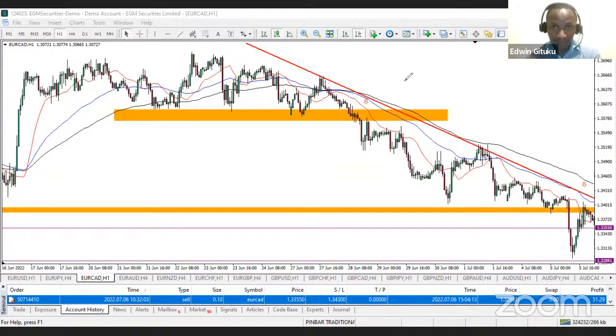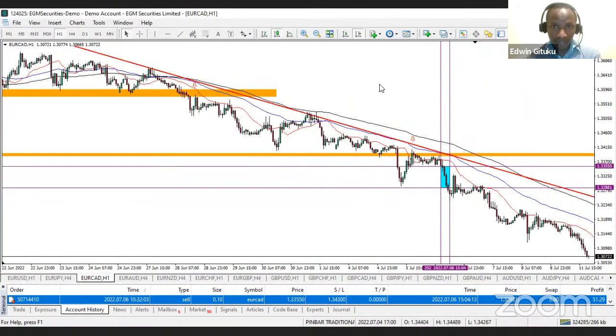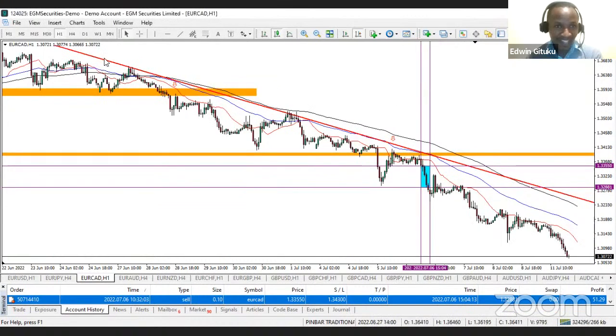Fast forward, you will notice that at this point, so I think this was last week, and Matthew, I think we had shared this. I don't know whether you were able to take advantage of this pullback. So again, here we have a previous low.